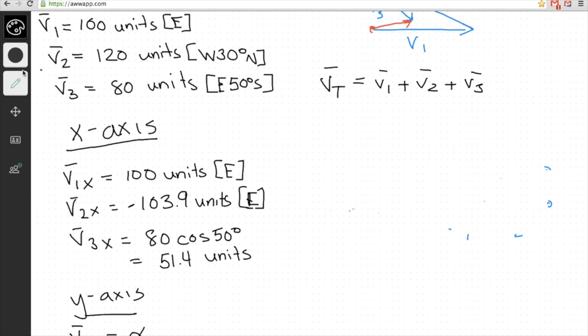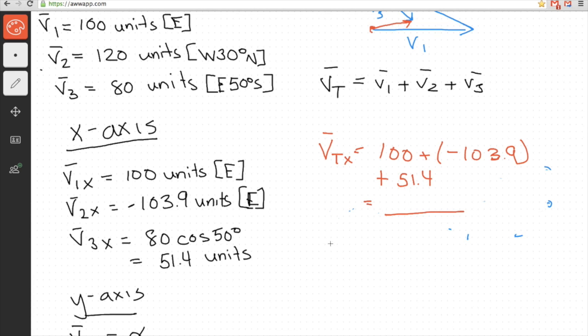All right, so now let's do a different color here. Let's make it red. So I'm going to add up all the x components together, and we'll make a total x, which is equal to 100 plus minus 103.9 plus 51.4. And that's going to be our VTX. And then we're going to do the same for VTY, which is down here.